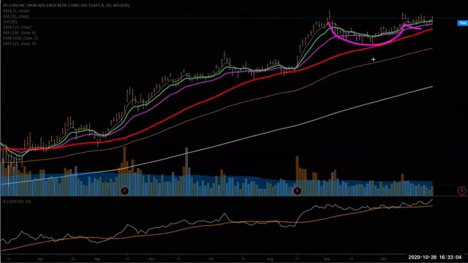Now, this is what it looks like on the daily time frame. It's the same kind of structure over here, where you have that U-shaped pattern. Sometimes it's easier to see on a daily time frame. When I'm constructing my charts, I like to have multiple time frames open. Typically, I'll have the monthly, the weekly, the daily, and the 2-hour.